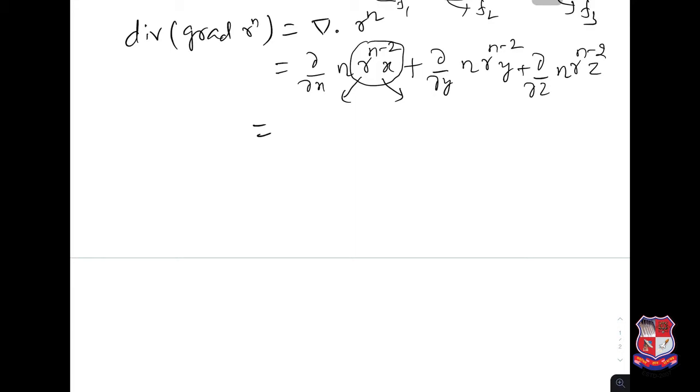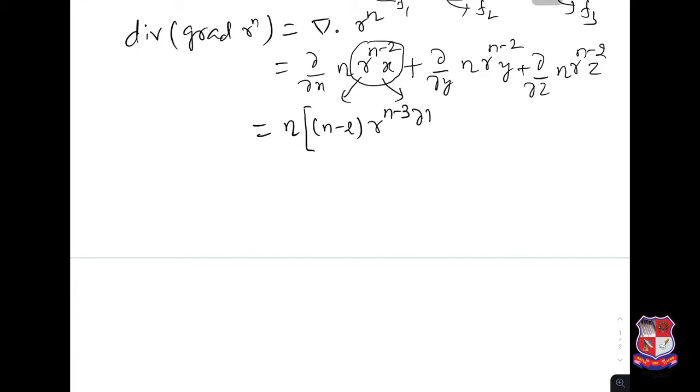So this is n. Let us take it outside from every term. Now del by del x of r power n minus 2 into x. So let us take the derivative of r power n minus 2 with respect to x. So that is n minus 2 r power n minus 3. So up to this the derivative we did with respect to r. We want derivative with respect to x.